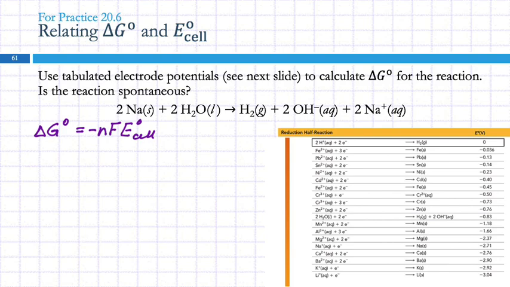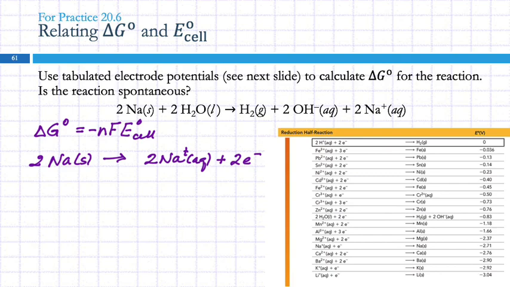So this redox reaction has two half reactions. One of them is going to be sodium. Two sodiums going to sodium plus, and that must have two electrons over here because sodium's being oxidized, oxidation is loss of electrons.